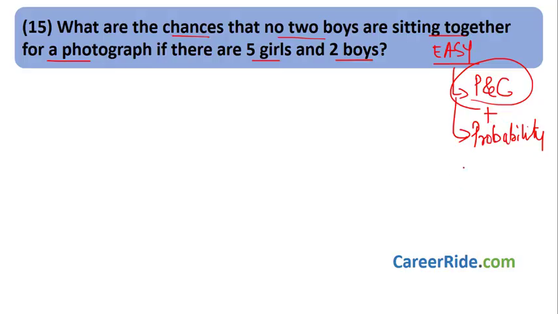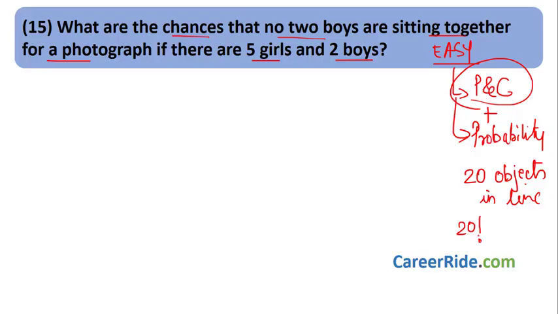And what does that mean? What is that trick? Say if we have 20 objects in a line, you can arrange these 20 objects in 20 factorial ways.